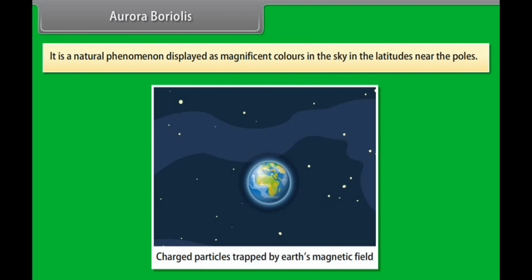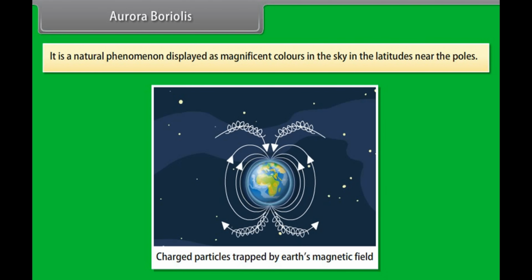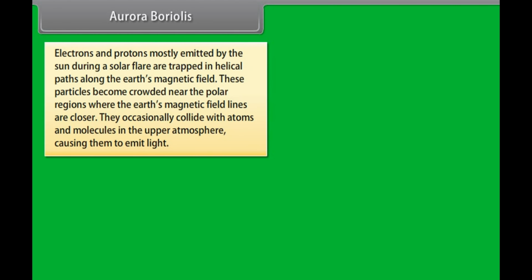Aurora borealis. It is a natural phenomenon displayed as magnificent colors in the sky in the latitudes near the poles. Electrons and protons mostly emitted by the sun during a solar flare are trapped in helical paths along the Earth's magnetic field.